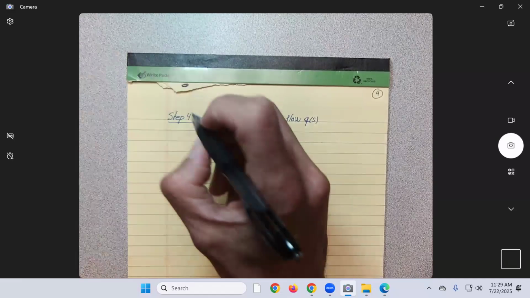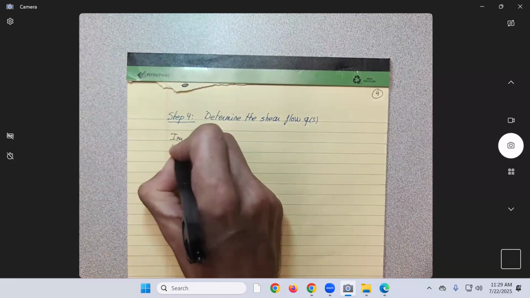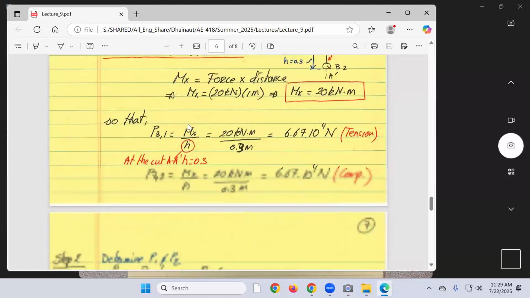So if you remember, for I, Ixy equal to 0 and Vx equal to 0. I don't know if I have it over here.